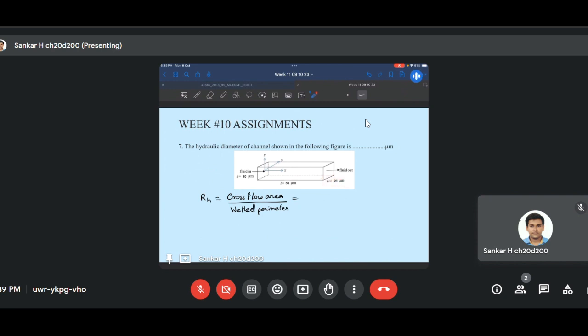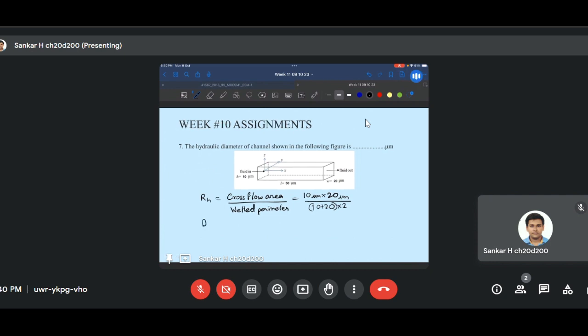given by 20 micrometer. So a simple area of a rectangle would be 10 times 20, divided by the wetted perimeter, which refers to the entire face, the perimeter of the rectangle over there. So that would be 10 plus 20 times 2.